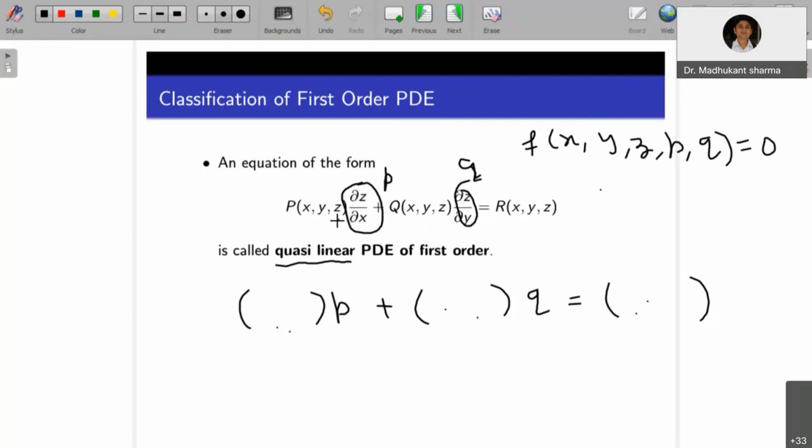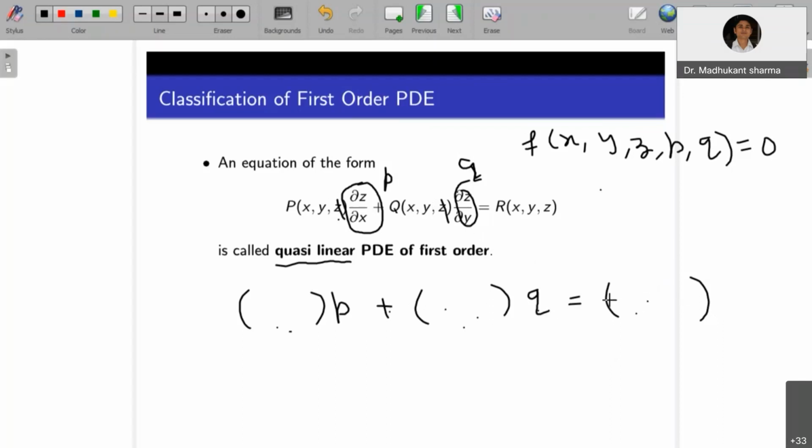Not only z, any power of z or any function of z, e to the power z is also fine, or cos z is also fine, and so on. But its definition is not linear, it's quasi-linear. Now, if you drop this, means you remove z here, so the p and q coefficients are only functions of x and y.